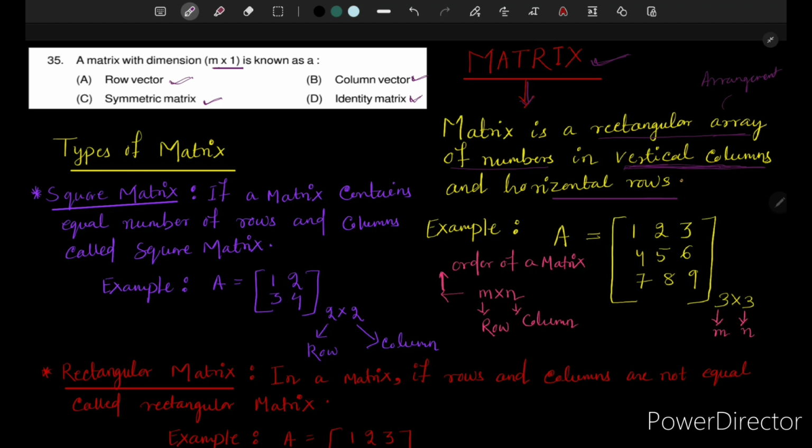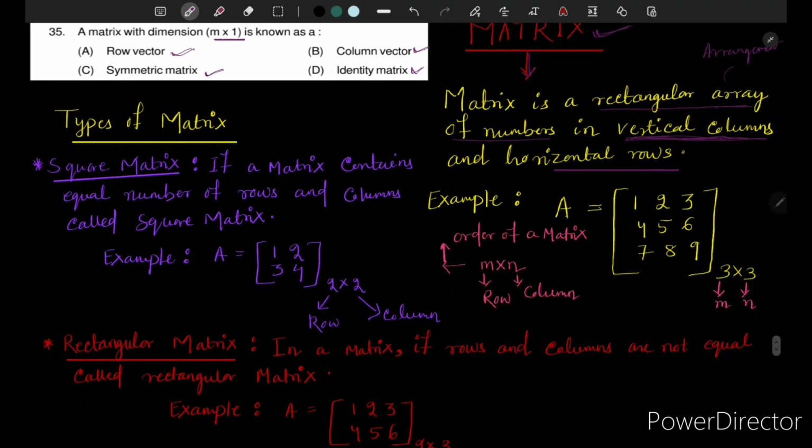As I have already told you, a matrix is a rectangular array of numbers. Here we can see an example of a matrix. I have written A equals 1 2 3 4 5 6 7 8 9.